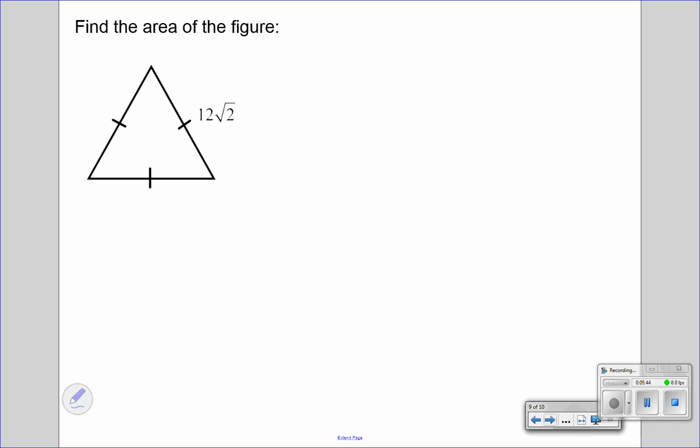This question asks us to find the area of the triangle. We can tell that it is an equilateral triangle, so we know all of our angles are 60 degrees. So once again, we're going to divide our triangle. That makes this angle 30 degrees. So now we have a 30, 60, 90 right triangle, which is x, 2x, and x square roots of 3.